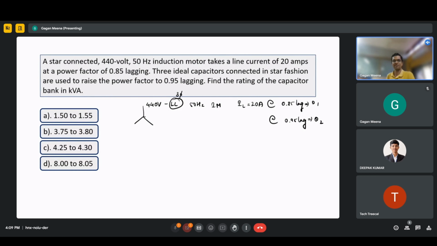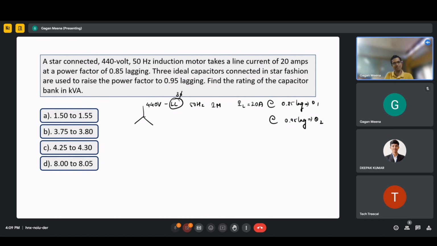How will you find IC? IC from the reactive current. Let's suppose in the first case the reactive current was IR1 and in the second case the reactive current was IR2. Okay. Then whatever the difference between them, that will be IC, because that current we have to supply through the capacitor.